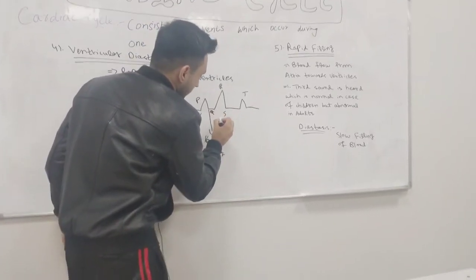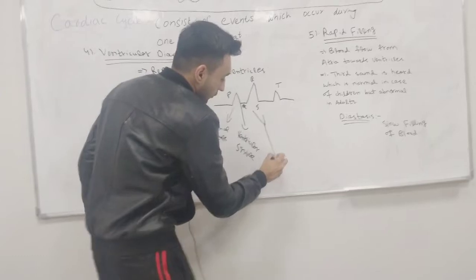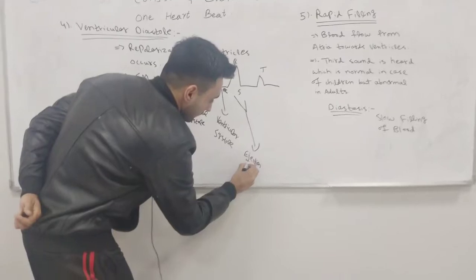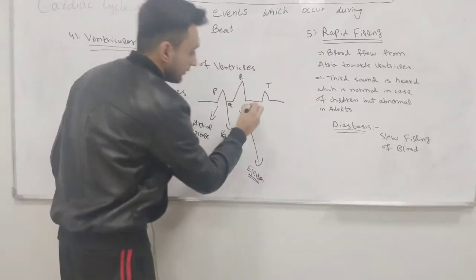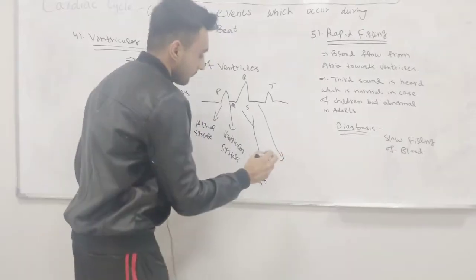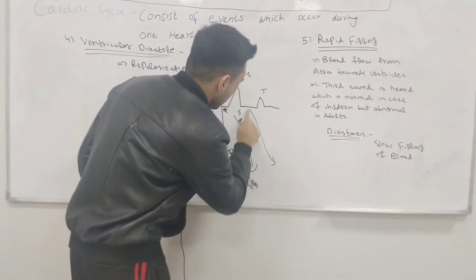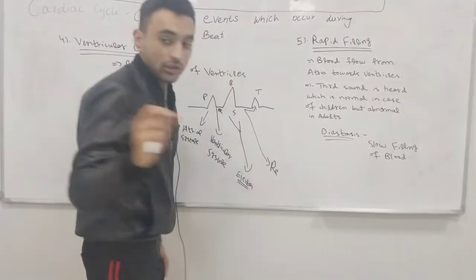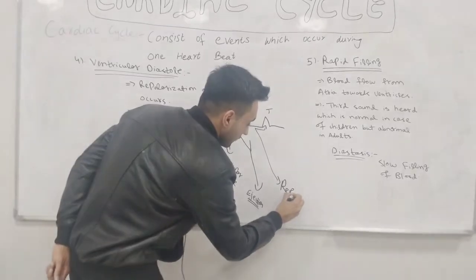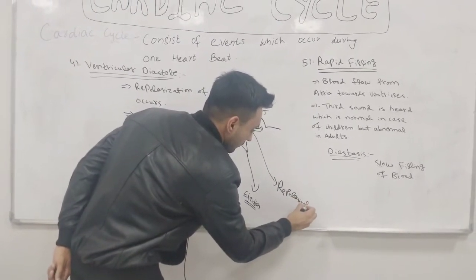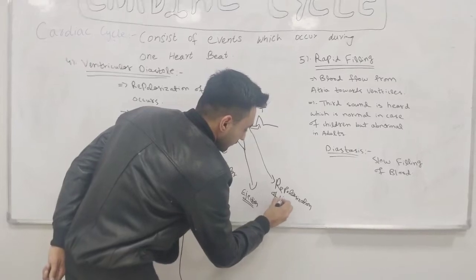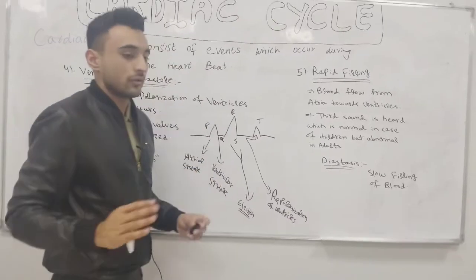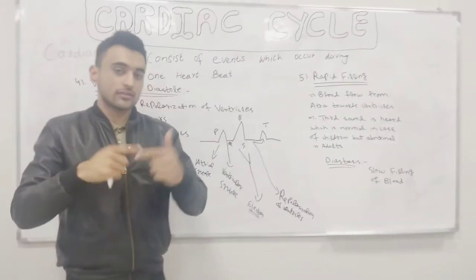This QRS complex is denoted as the ejection phase, and this T wave refers to the phase during which the repolarization of the ventricle occurs, after which the semilunar valves are closed, and again the cycle restarts.